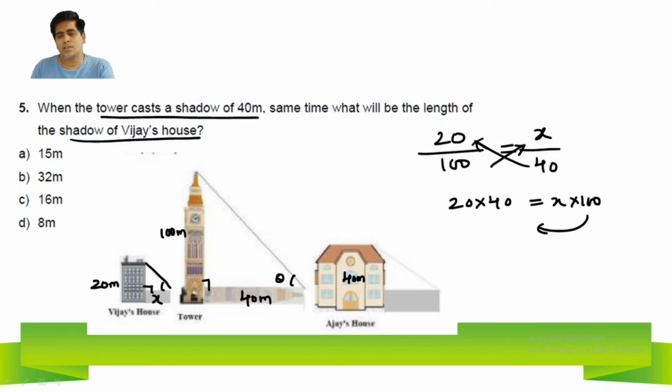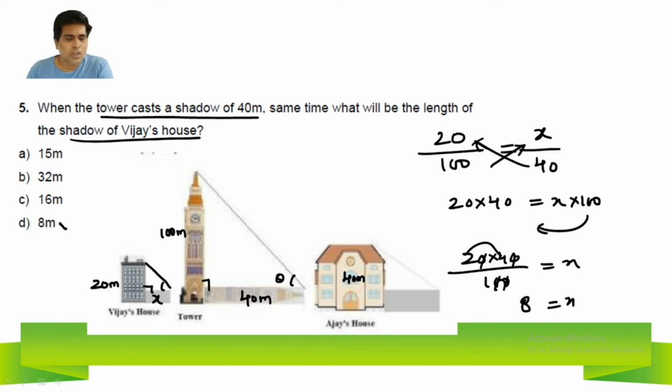Taking 100 to that side, this becomes 20 into 40 by 100, that is equal to x. The zeros get cancelled. What is the value of x? 2 4s are 8. So we got 8 meters in this case. The shadow of Vijay's house is 8 meters.